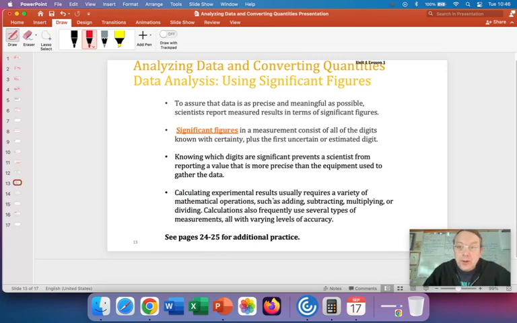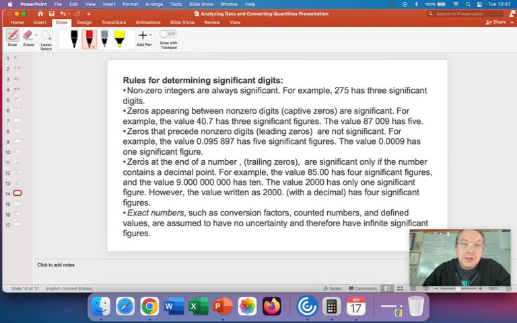So calculating experimental results usually requires a variety of mathematical operations. When we add, subtract, multiply, or divide, we use lots of measurements, and these all have varying levels of accuracy. So there are different rules for determining how many significant digits are in a calculation or a measurement.